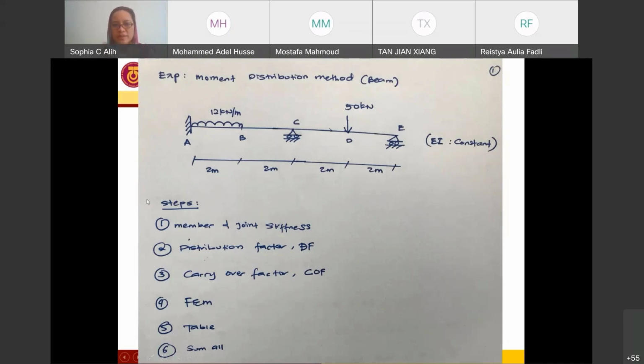So I prepared this example for you to do your own and compare your calculation with the one that I have already prepared here. This example is a complete calculation from the analysis until you come out with your shear force and bending moment diagram. The steps I have also indicated here.